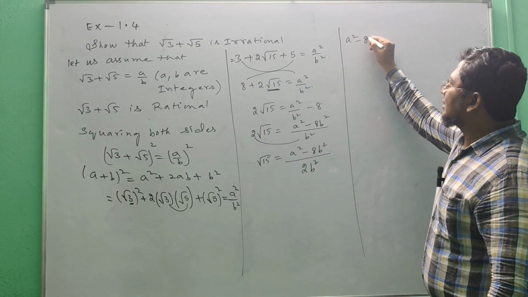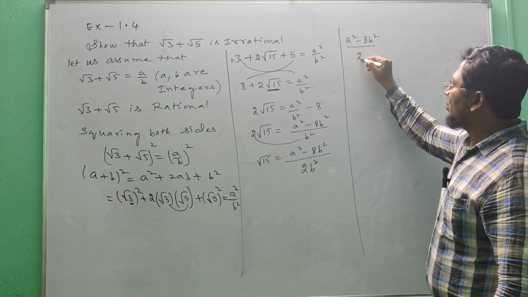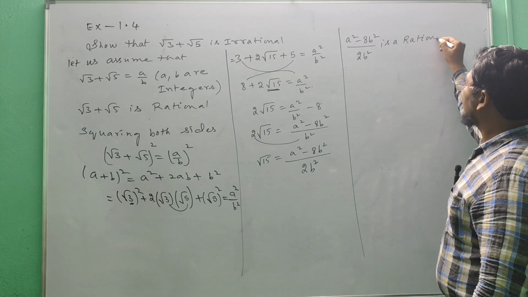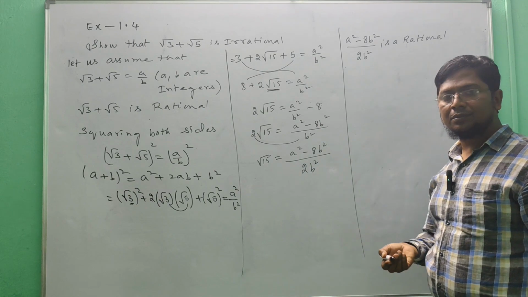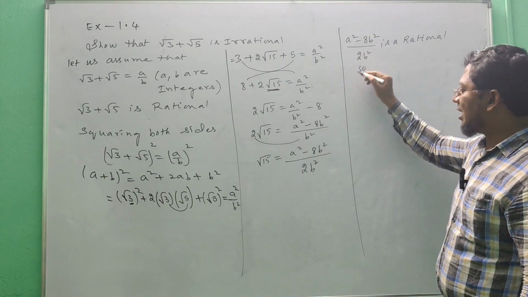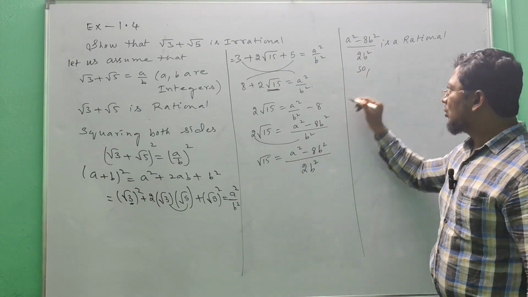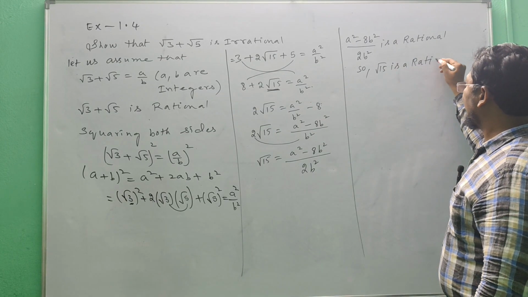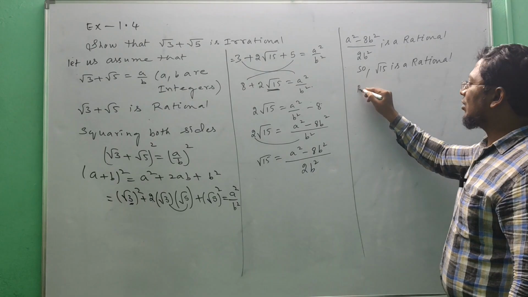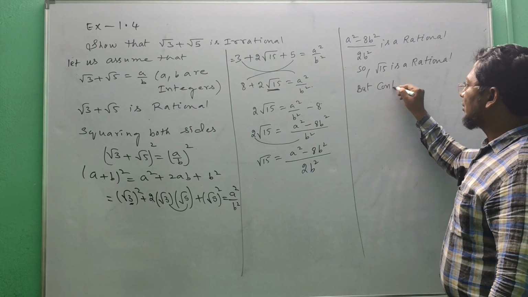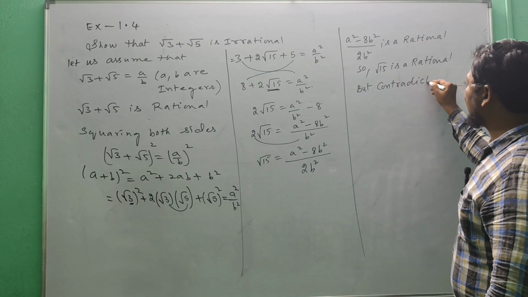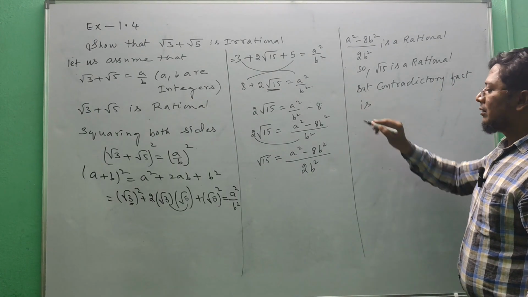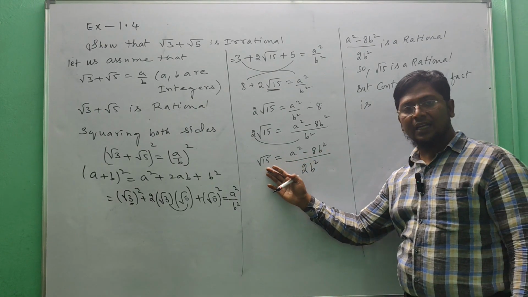And we observe that this is the RHS. A square minus 8b square upon 2b square is a rational. Yes, because it is in a upon b form. If the RHS is rational, so root 15 is rational now. Yes, root 15 is rational. But what is the contradictory fact? The contradictory fact is root 15 is not rational.